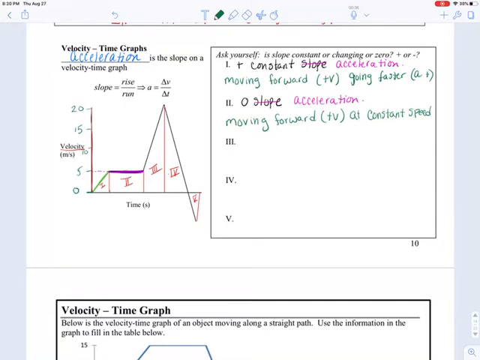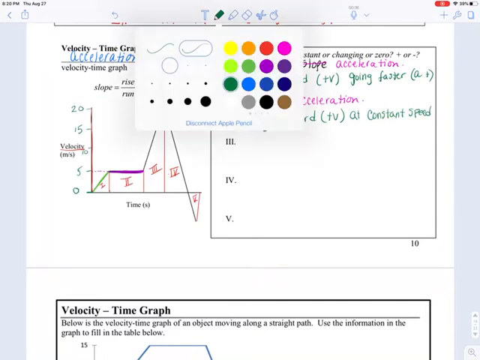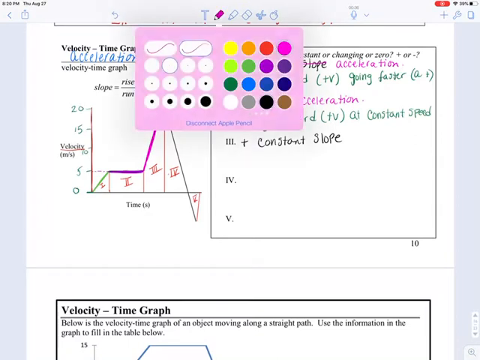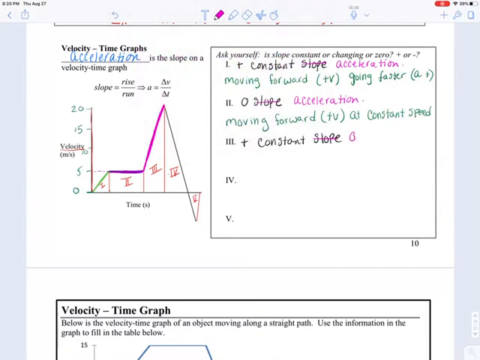All right, section 3, keep with the same pattern here. Section 3, which is this purple part here, I can describe that as positive constant slope, synonymous with positive constant acceleration.